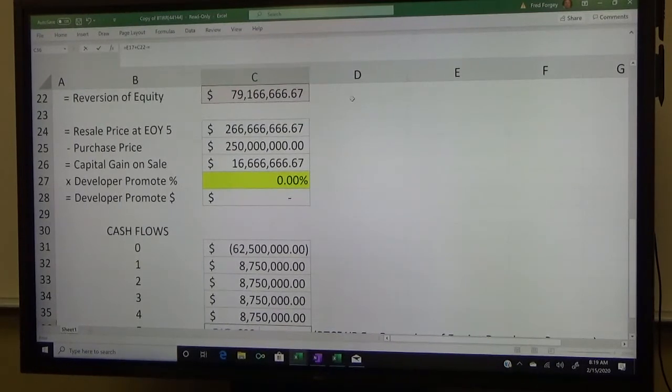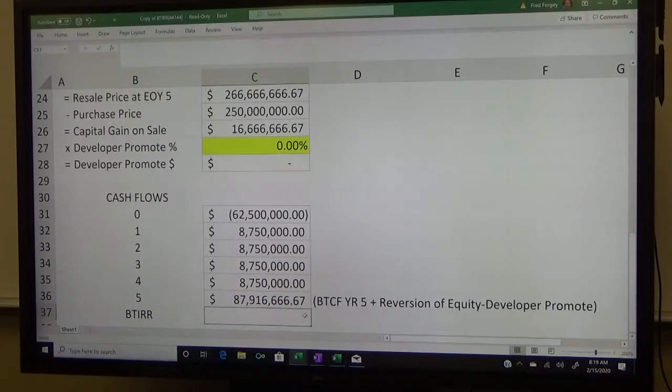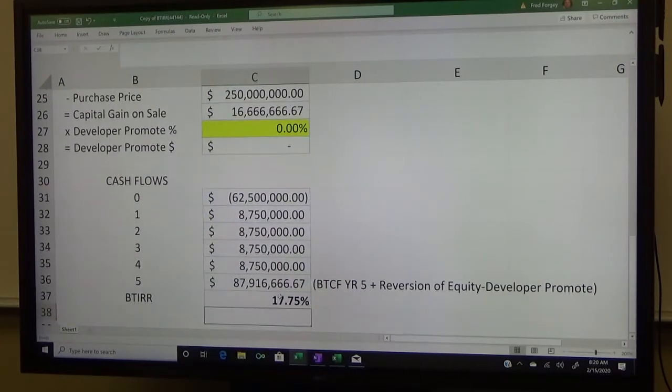Minus. Okay, there we go. So once again, that's going to be the year 5 before tax cash flow, the equity reversion, and then also whatever we're getting on the developer promote, which in this particular example we're not. And then we're going to be solving for the internal rate of return. So there, just simply internal rate of return, capture those cells, and we should end up with 17.75%.